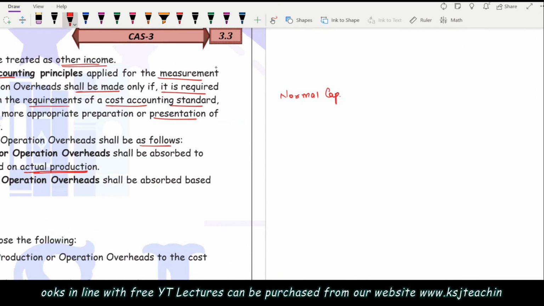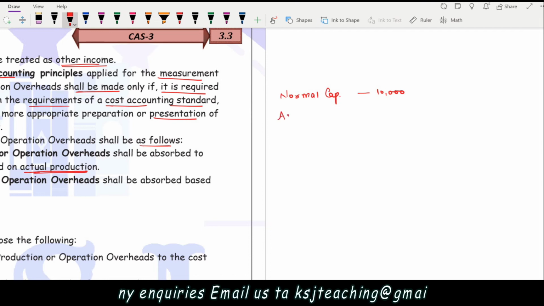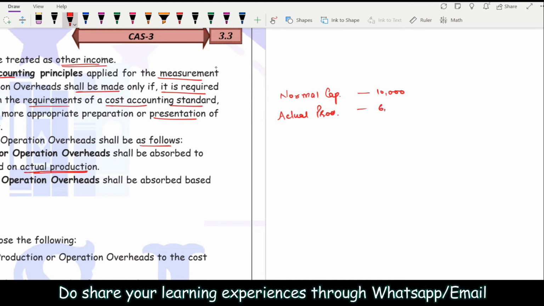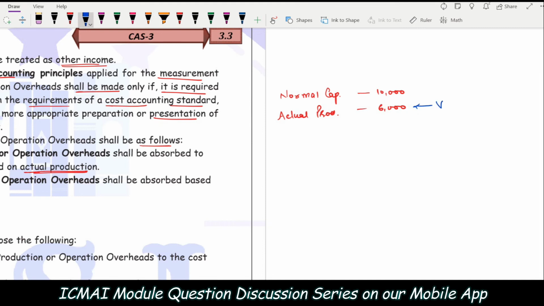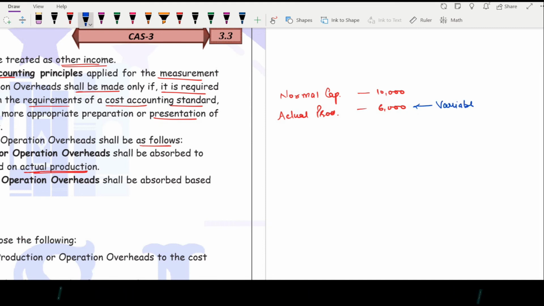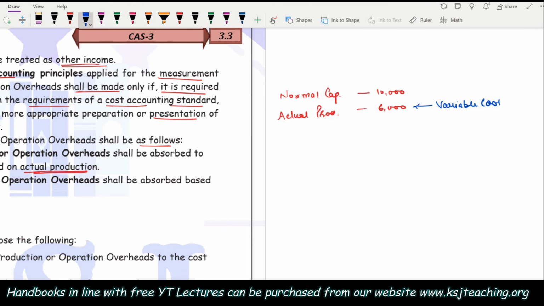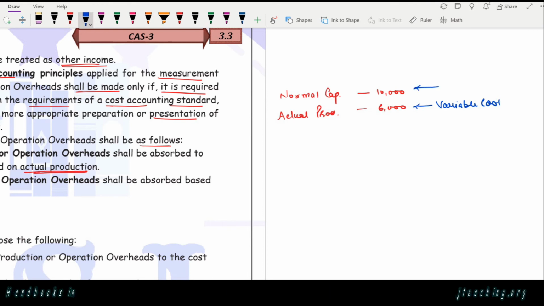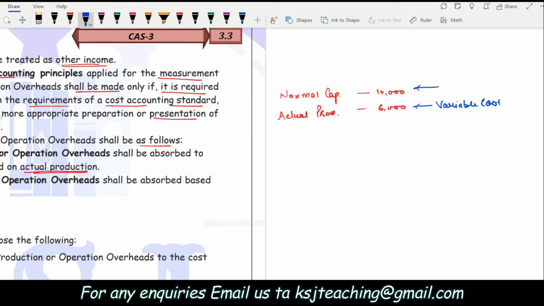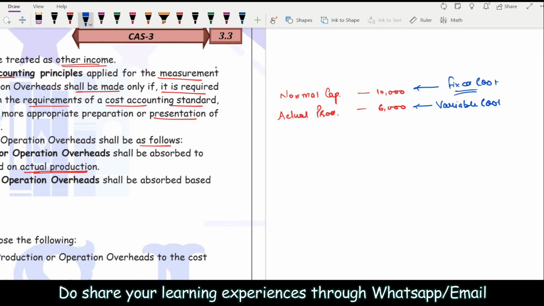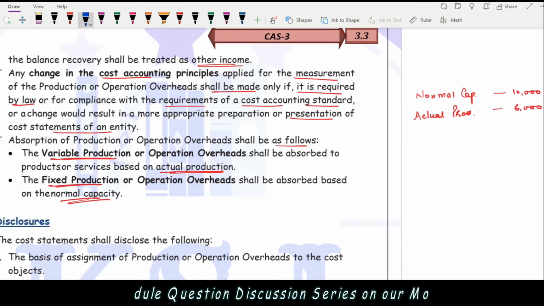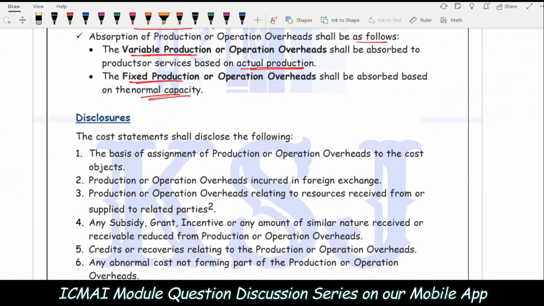If your normal capacity to produce the goods is 10,000 units, whereas your actual production is 6,000 units, now he says the variable cost should be absorbed on the actual production, because variable cost is dependent upon the number of units that you have produced, right? Whereas the fixed cost should be absorbed on the basis of normal capacity, because the fixed cost is not varying with the number of units. So whatever the total capacity is, based on that you have to take the fixed cost, right?